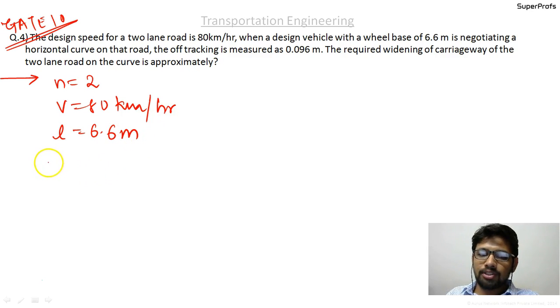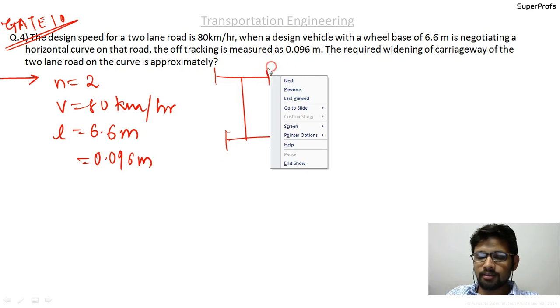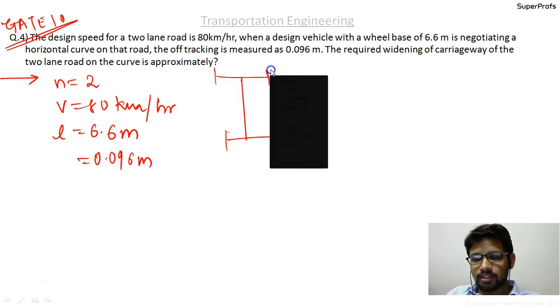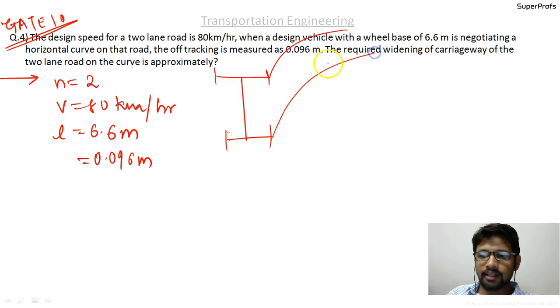The off-tracking measured is 0.096 meters. I hope you understood what off-tracking is. The vehicle is like this, and this wheel takes this trajectory, and this wheel takes a path like this.